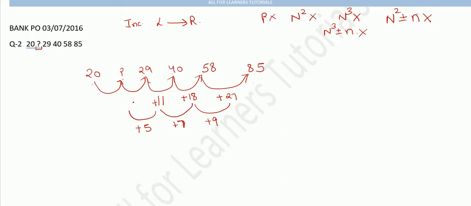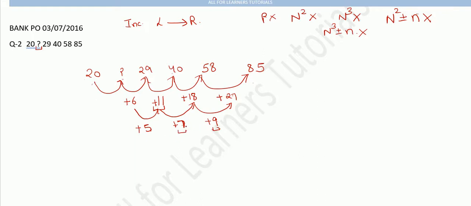So here it should be plus 6, because plus 6 plus 5 will be 11, right? Because this is like this: 18 plus 9 is 27, 11 plus 7 is 18.